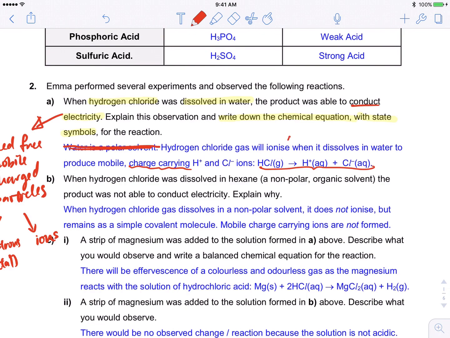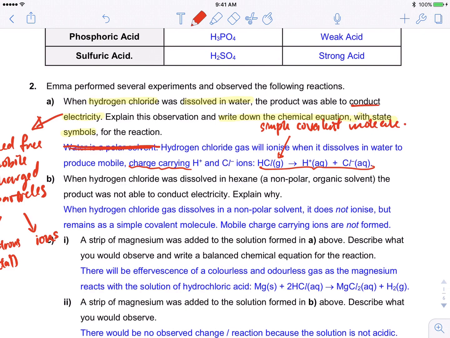So note that the state symbol for hydrogen chloride is the gaseous state. Why is hydrogen chloride a gas? It is because it is a simple covalent molecule. You should know what covalent means, but you may not know what a simple covalent molecule is. When we were doing your chemistry authentic task, some of you did simple covalent molecules, some of you did giant covalent molecules.